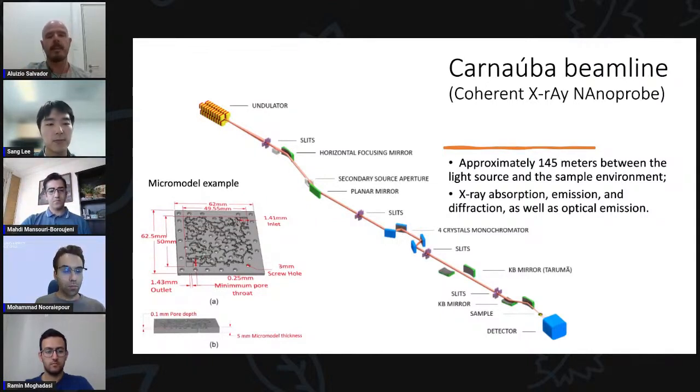So, for example, in my case, I want to see the reaction of a solution and how it would drive a mineralization process. I cannot do that on a micromodel made of engineered material. So what scientists have done is use a real rock as the sample, not an engineered material, and that's what I'm going to show next.